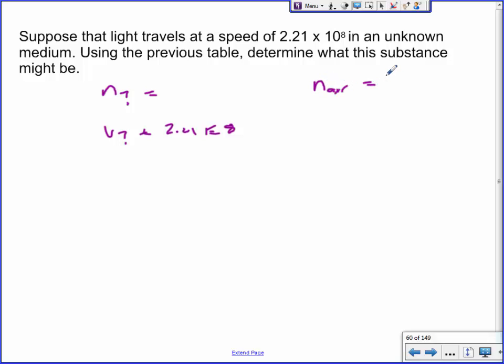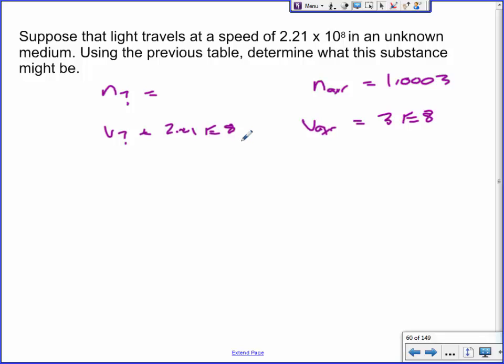It's on the previous table, by the way, and you should memorize it. Air is 1.0003. Essentially, it's 1, 1 being like a vacuum. If there was literally nothing for it to travel through, material-wise, and it went through a vacuum, it would be 1 right off the bat. Air is 1.0003. But then we also know the speed of light in air, because the speed of light, if we don't slow it down, is 3 times 10 to the 8.